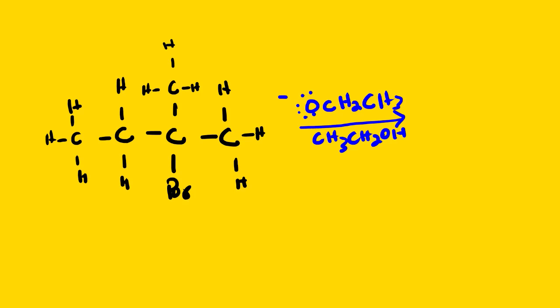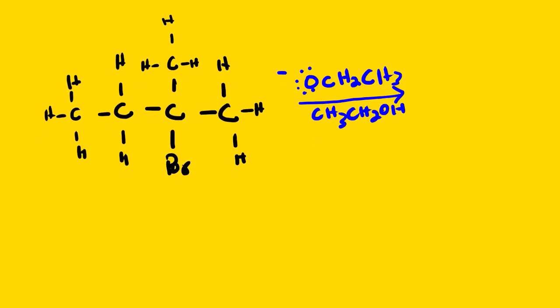So in this case, you can see that this is not a bulky base. And remember, we are dealing with an E2 reaction. So this is not a bulky base. It can easily deprotonate any hydrogen.